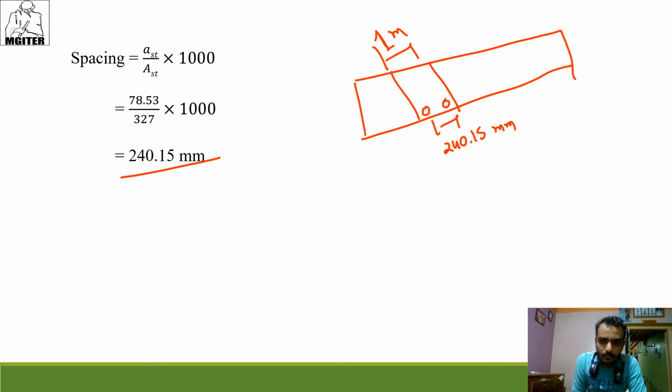If I provide a spacing between two reinforcements of 240.50 mm, then I can provide it across the whole structure with a slab spacing of 240.50 mm.